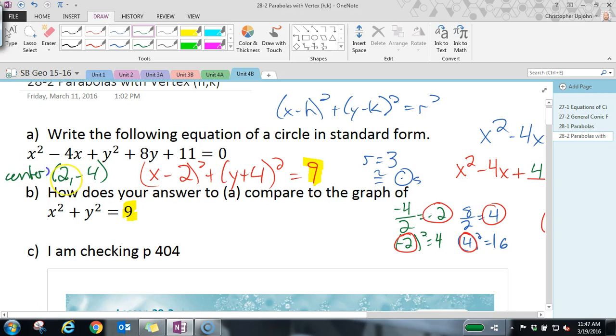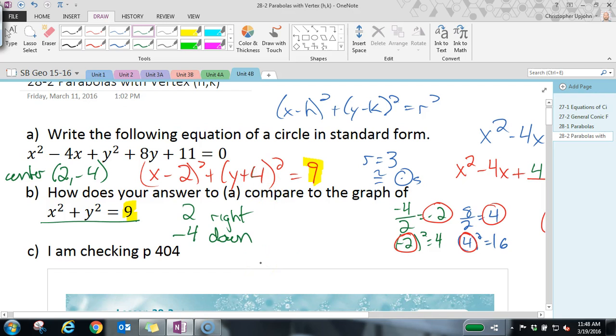Remember, it's the opposite. If I'm looking from this one to this one, I went 2 to the right, because that minus 2 means the opposite, because our center is the opposite. And we went 4 down, because our y coordinate is negative 4. And again, it's the opposite of this.